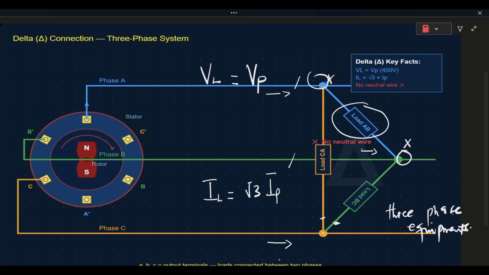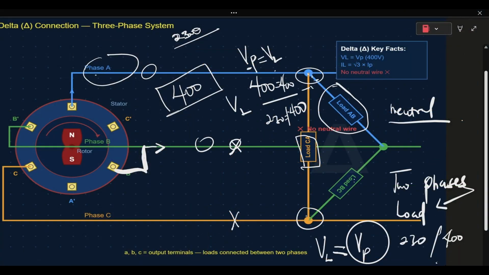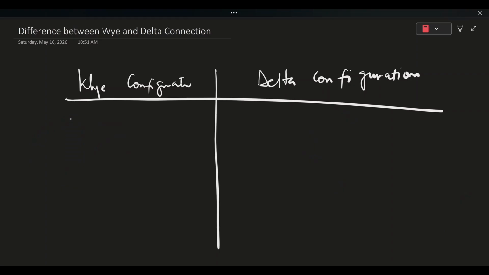So now with this, we'll move to the differences between the delta configuration and the Y configuration. In the Y configuration, we have three phases connected together at a star point, then a neutral from the star point back to the source. That is in terms of connection.